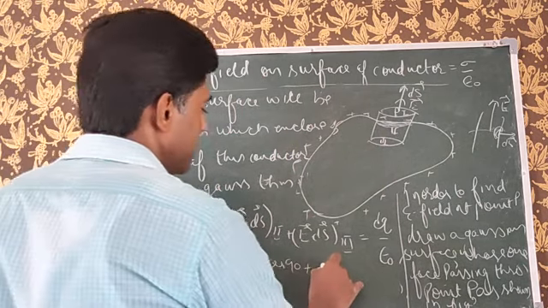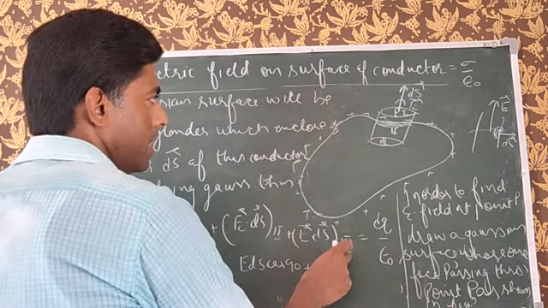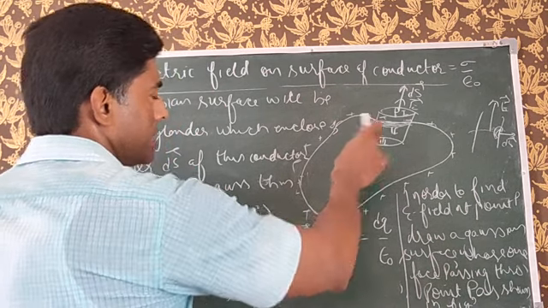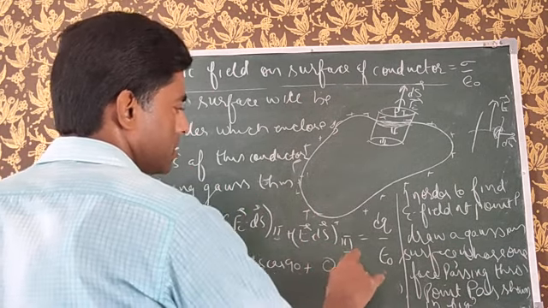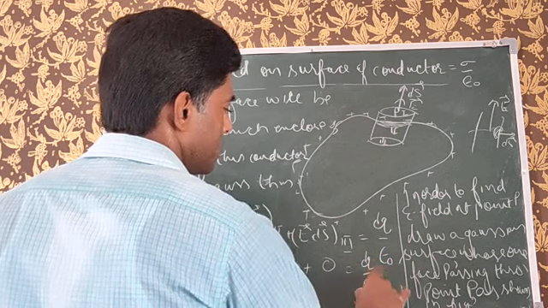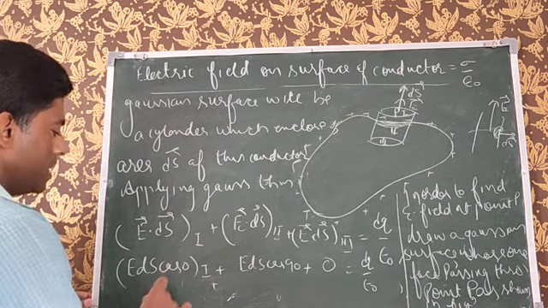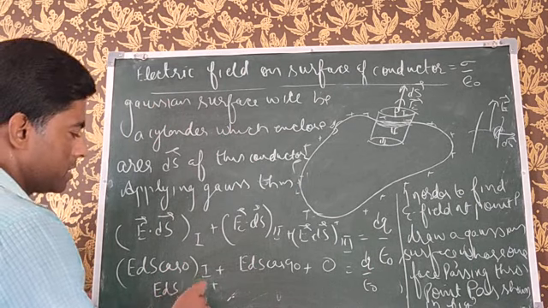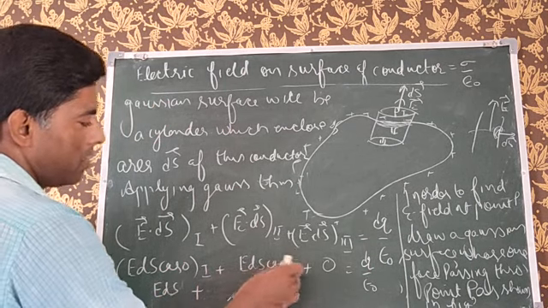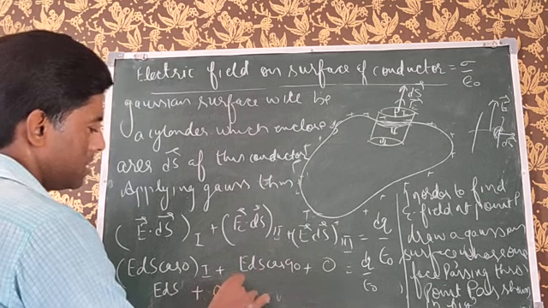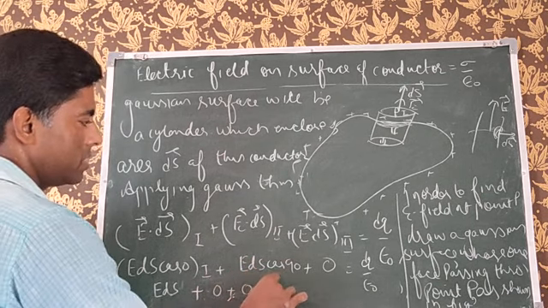So the electric field inside the conductor is 0 at the third face. As there is no electric field at the third face, the electric flux is also 0, equal to dq over epsilon naught. Now cos 0 is equal to 1, so we get E ds plus cos 90 is 0, so the whole term becomes 0, and the third one is already 0, equal to dq.